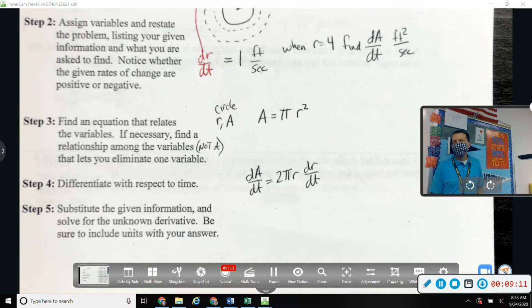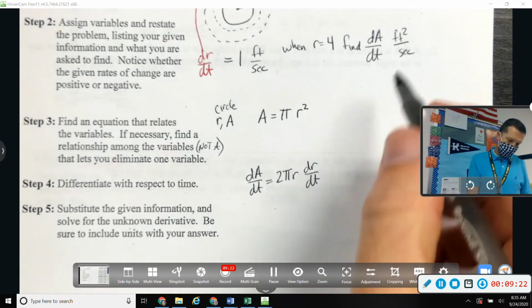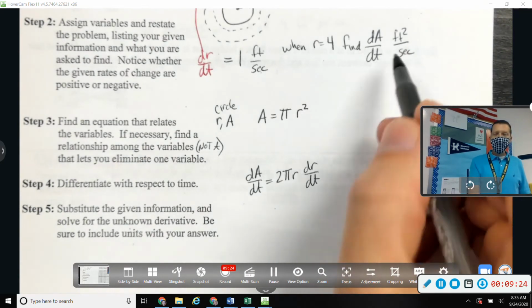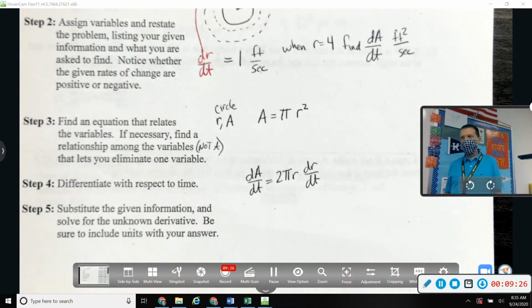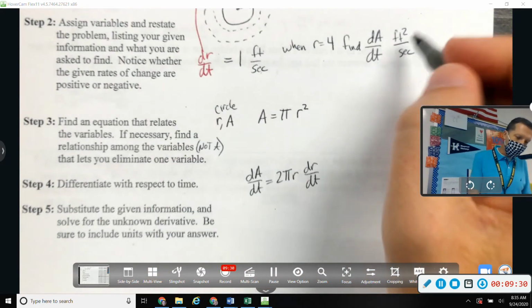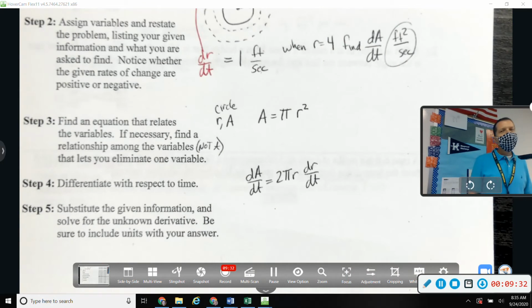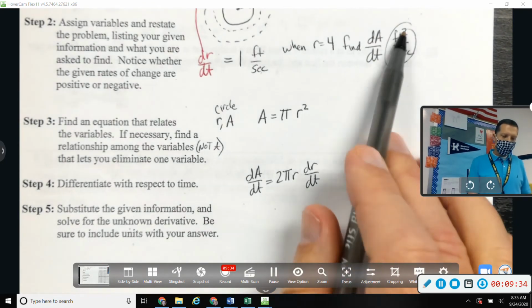All free response questions are worth 9 points. If it specifically asks for a unit, that means it's worth 1 point. Which means even if you don't know how to solve this problem, if you said the units are feet squared per second, you'd get a point. The name of the game on the AP test is get all the points you can. So even if you didn't know what else was going on, hopefully you could figure out that dA/dt would be feet squared per second.